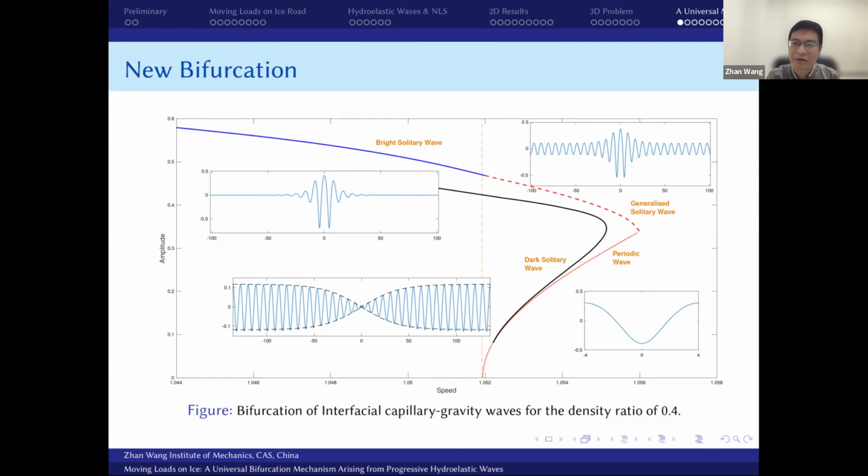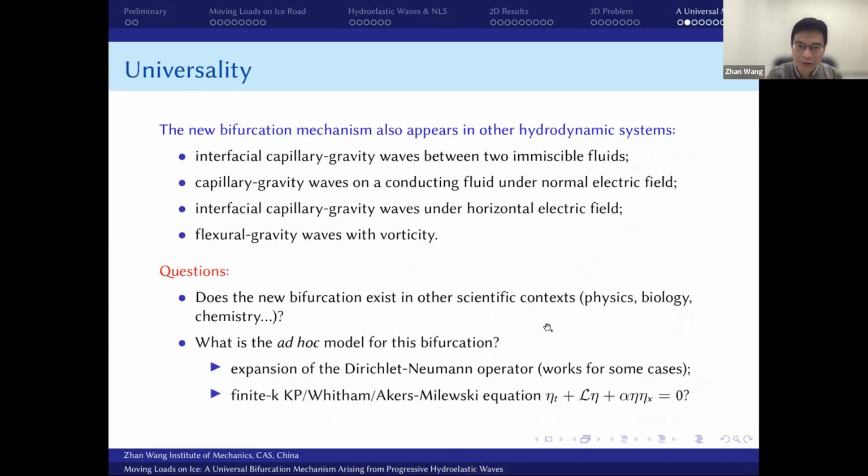When the density ratio is bigger than 0.283, you will see this bifurcation structure. This is an example when the density ratio is 0.4. We also found this phenomenon in capillary gravity waves on a conducting fluid under a normal electric field, on a horizontal electric field, and in flexural gravity waves with constant vorticity.